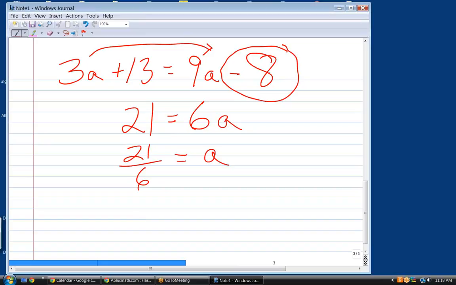Can I simplify that answer? Can you find a number that divides into the top and the bottom evenly? That's the way you determine whether you can simplify it or not.